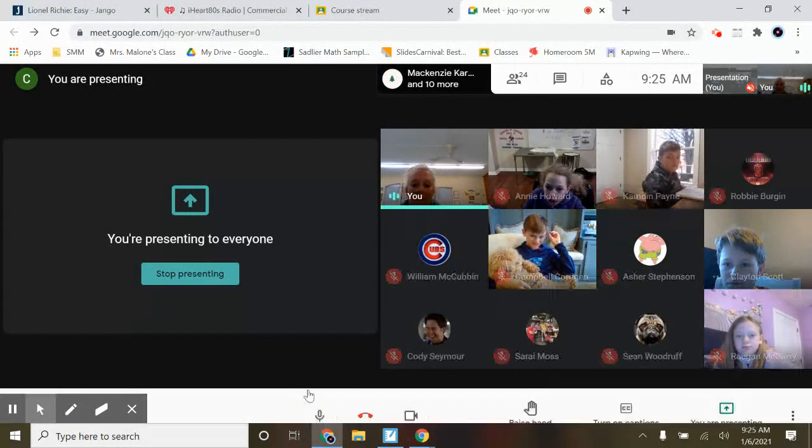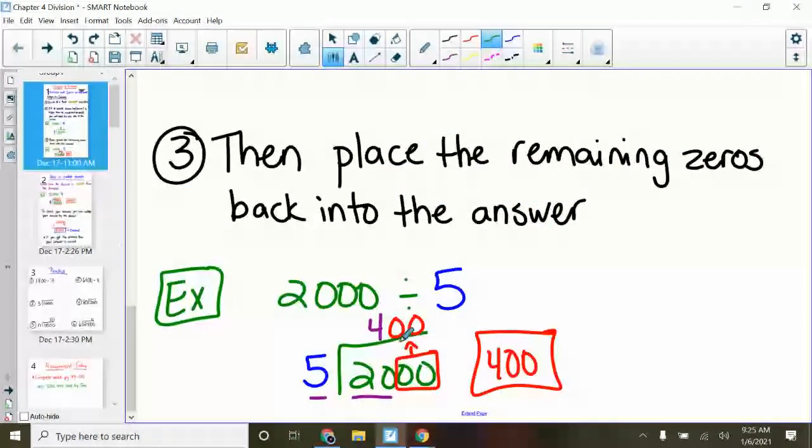Yeah, I would take the answer that I got, which is 400, and multiply that answer by my divisor, by that 5. And if those two numbers, once they're multiplied together, give me my dividend, my number inside the box, then I know that my answer is correct. And as we can see here in this example, it is.